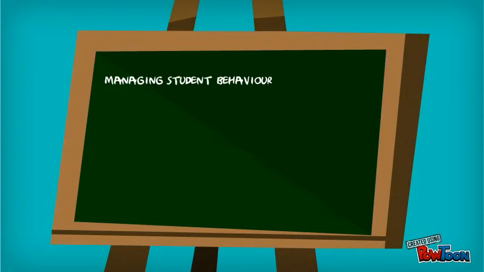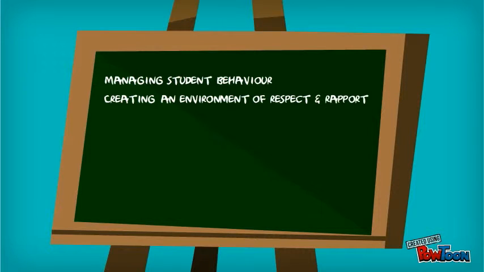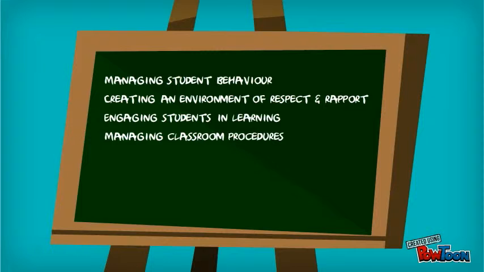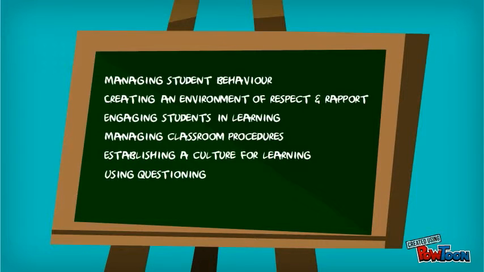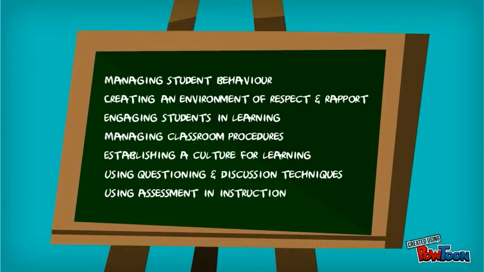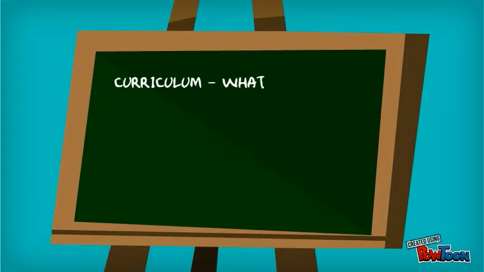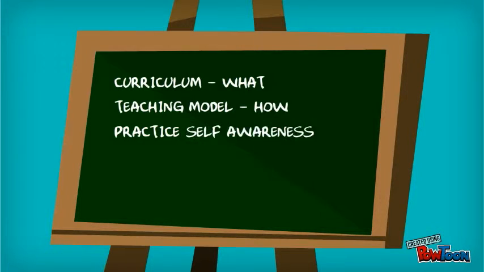Managing student behaviour, creating an environment of respect and rapport, engaging students in learning, managing classroom procedures, establishing a culture for learning, using questioning and discussion techniques, using assessment in instruction, and finally communicating with students. Maintaining a self-awareness of these key elements will ensure optimal student achievement no matter what curriculum or how model is being taught.